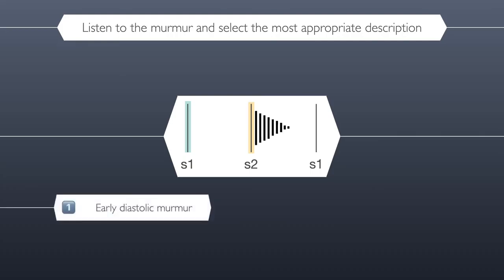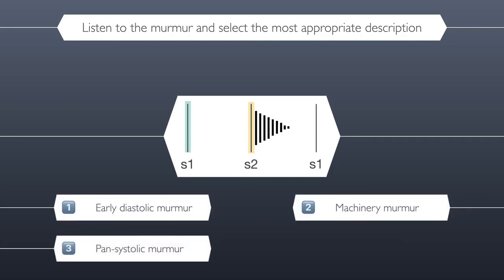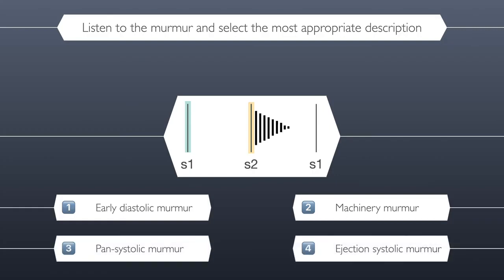Early diastolic murmur, machinery murmur, pansystolic murmur, or ejection systolic murmur. The correct answer is early diastolic murmur.